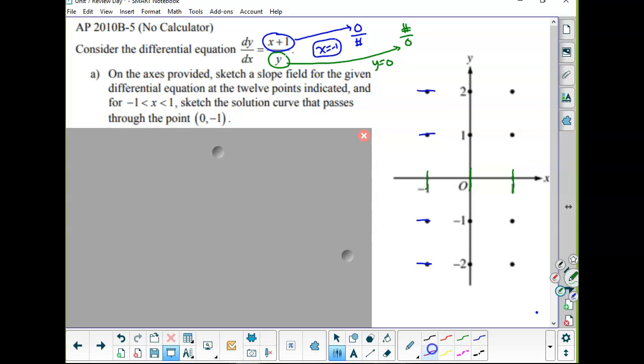They accept either way on the AP test, okay? Just so you know. But that's why this point that I had originally right here, it's not 0, because if y is 0, it's undefined, so we can't put a zero slope there. Which means now I really only have to figure out the other values.